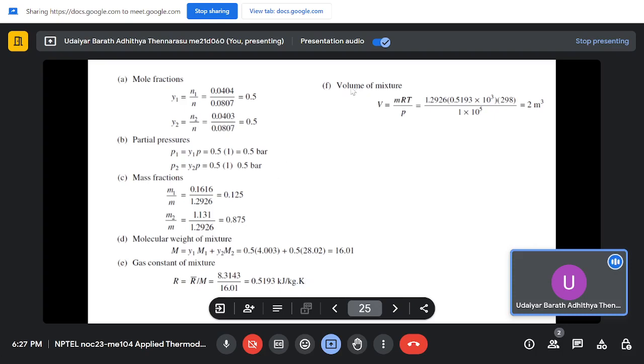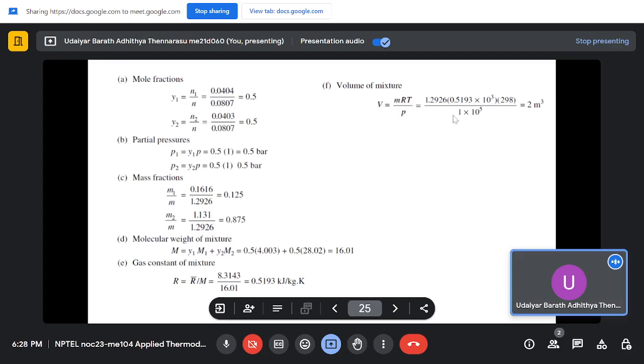Now for the volume of the mixture, we can just add both the volumes because both are 1 cubic meter. So we can add and make it 2, it will come out to 2 meter cube. Or we can find it using m R T by p from the ideal gas equation.